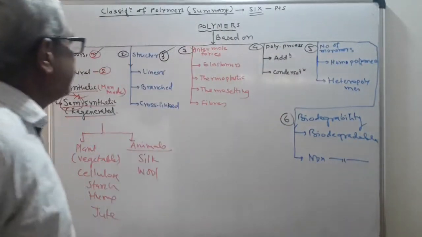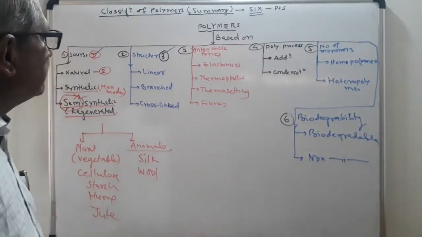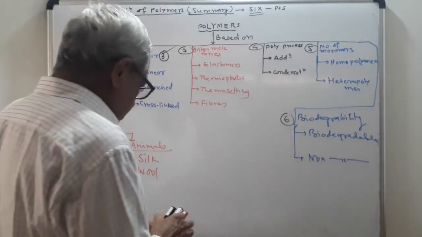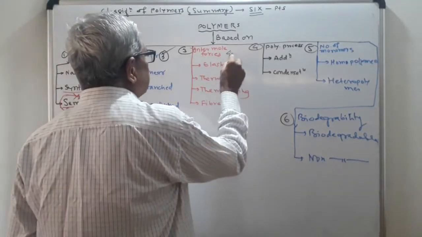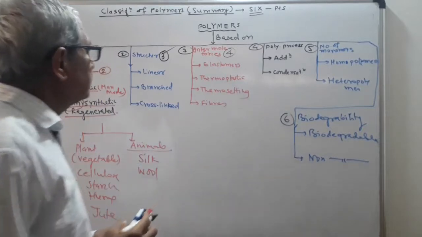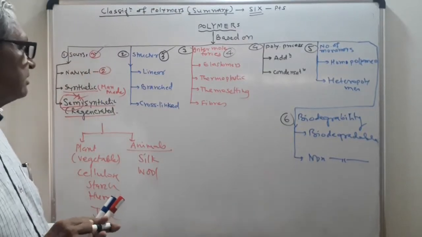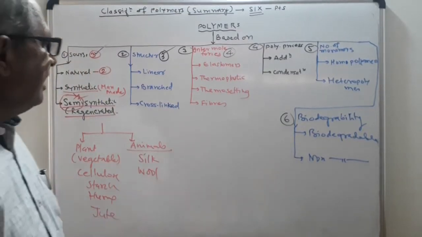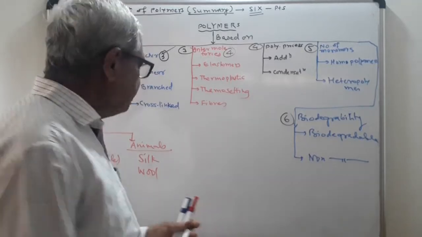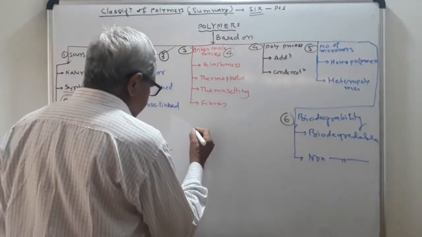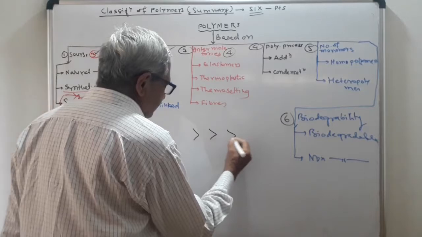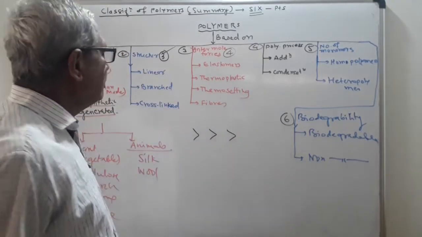Then come to the point intermolecular force of attraction. These are classified again into 4 types, that is elastomers, thermoplastics, thermosetting and fibers. Here is one of the important questions: arrange these compounds in the decreasing order of their intermolecular forces.